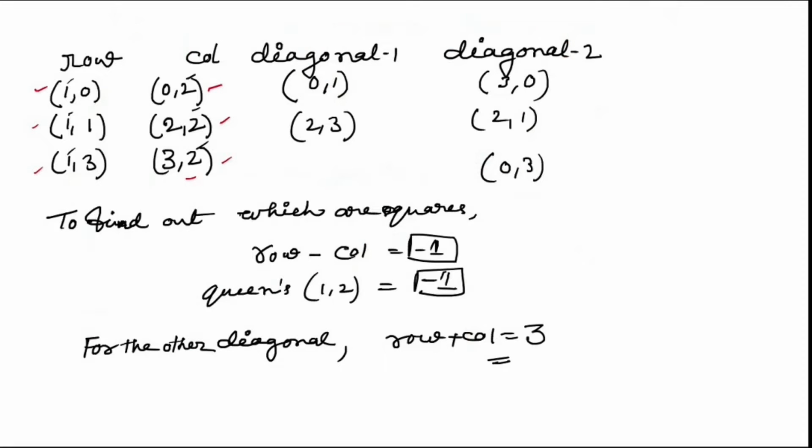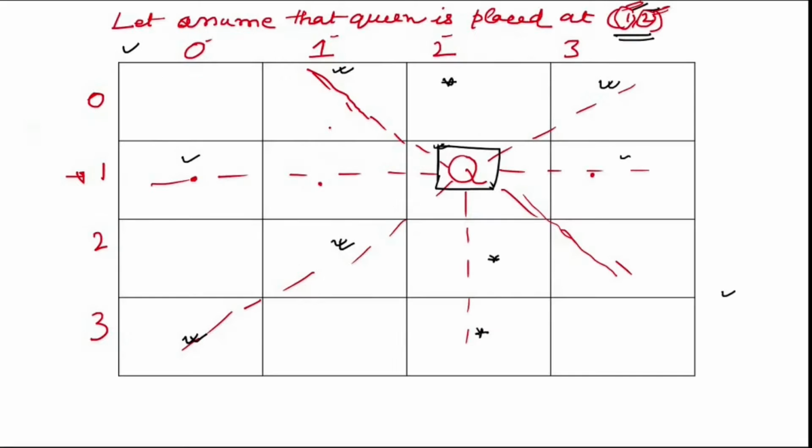That means diagonal 1, top left to bottom right: 0 1, 2 3. That means this guy, and 2 3, that means this fellow, top left to bottom right. These squares are also under threat. We cannot place, I mean if you place a queen here, then these queens will be under attack.